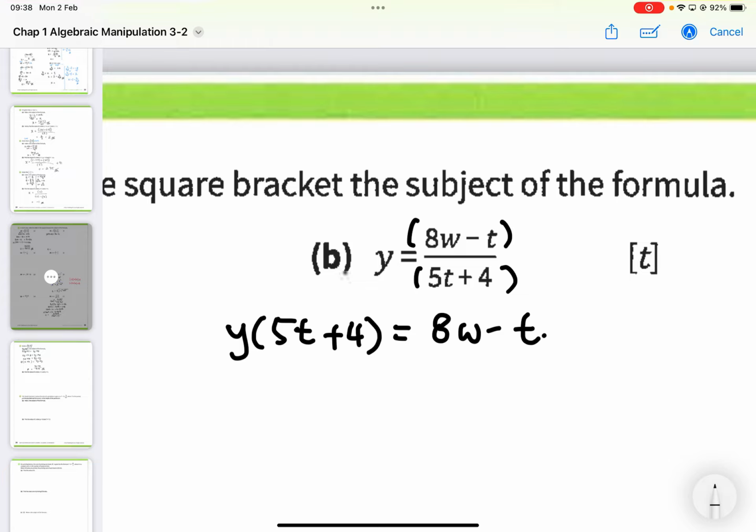After that, my T is inside the bracket. I cannot work with it individually because it is now stuck with plus 4. Just like you're stuck with your lousy boyfriend or girlfriend like that. So you must separate them first. To separate them, we need to do expansion.